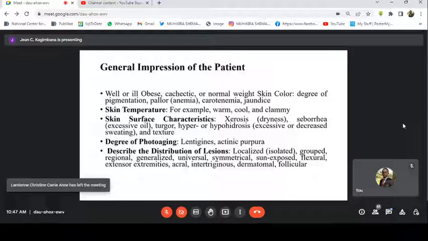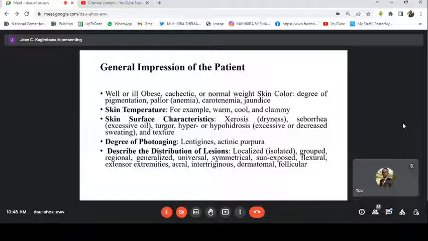Internal cancers may lead to skin conditions, and then you may orient the physician. The dermatologist is the first one to see and to orient the patient to the oncologist. Okay? Skin temperature, of course: the region is warm, cool, or clammy.